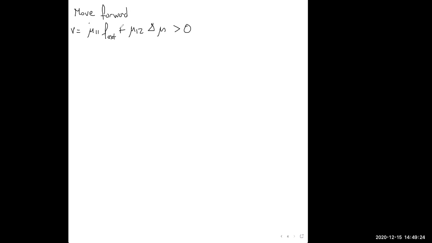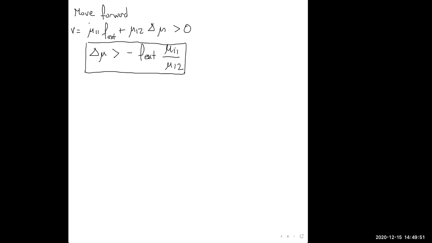So this means that delta mu should be greater than minus F external times the ratio of these coefficients, mu 11 divided by mu 12. You need this condition in order to have motion in the positive direction.